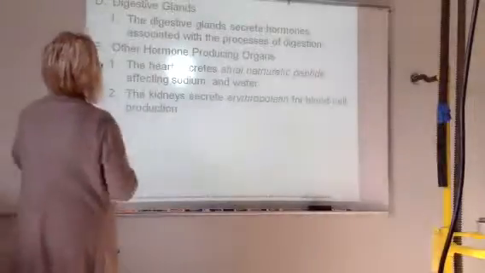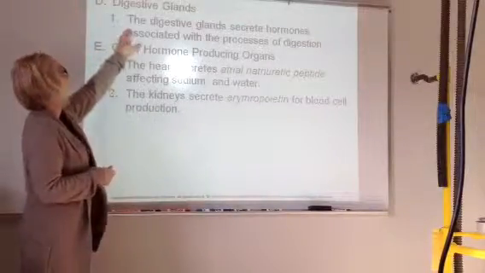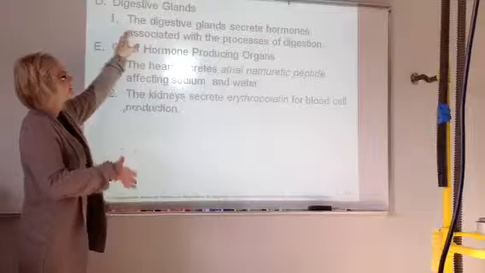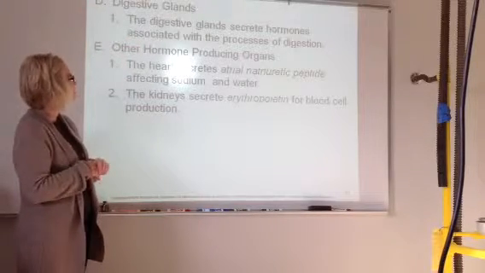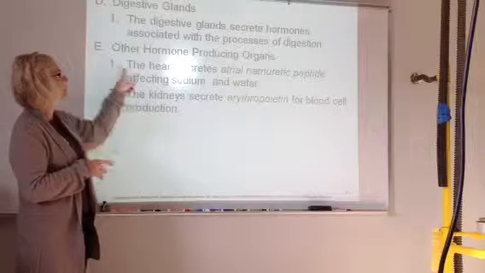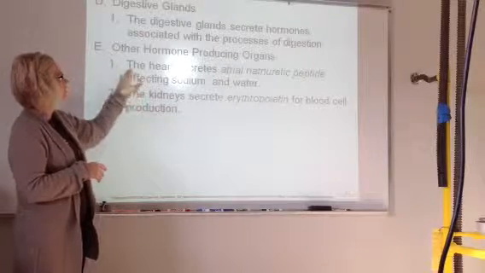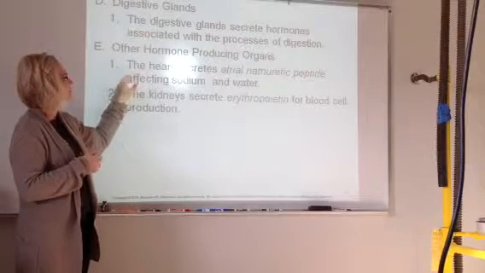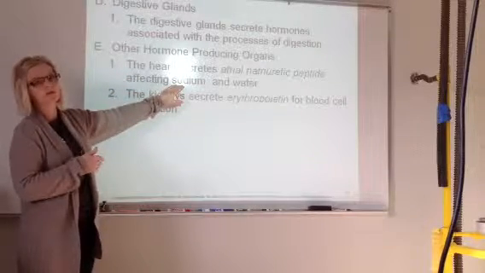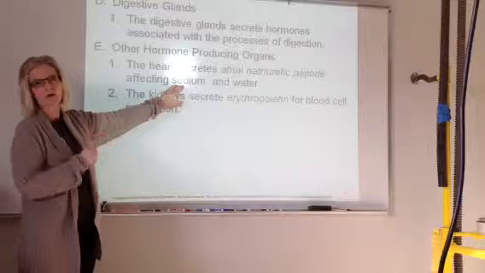Digestive glands, and this would include your pancreas. Digestive glands do secrete hormones that help with digestion. Your heart actually secretes ANP, atrial natriuretic peptide, and that helps to regulate sodium and water also.